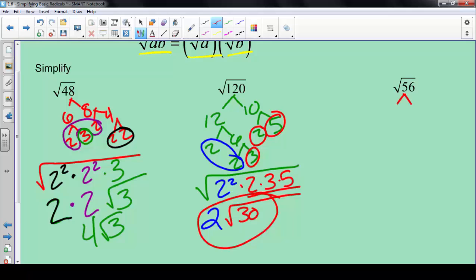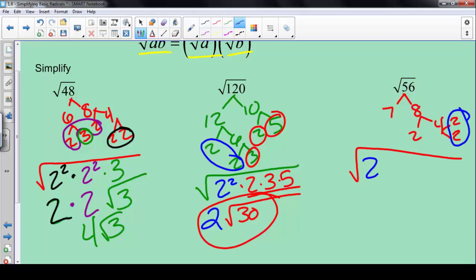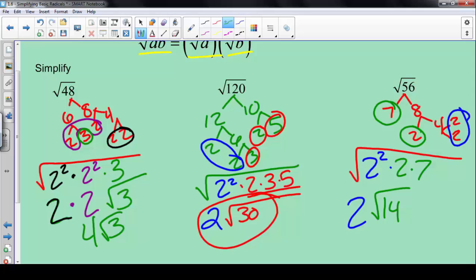Next, start with our factor tree. We've got a pair of 2's, then a 2 and a 7 that are by themselves, so square root of 14.